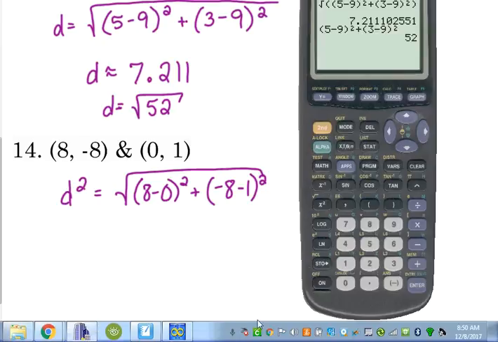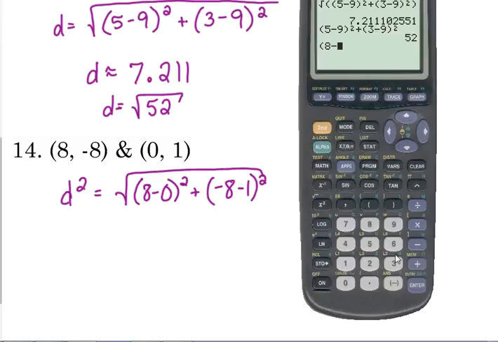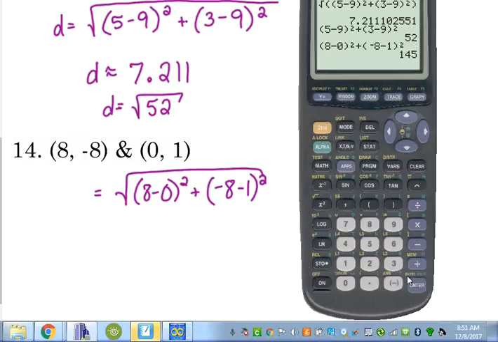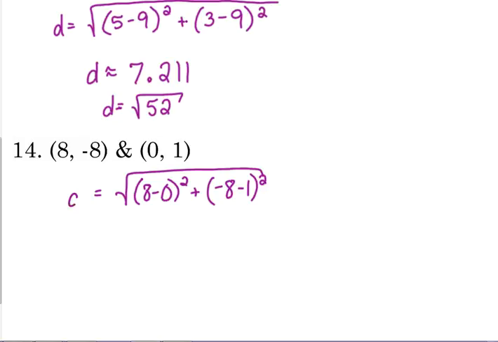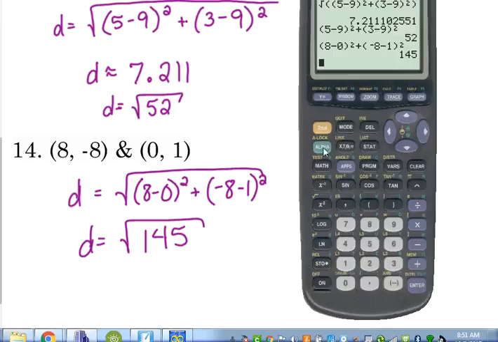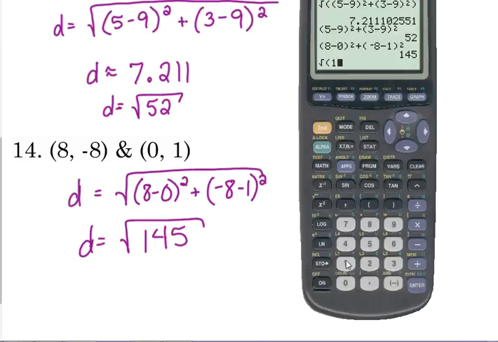So I'm going to start by not putting it under the square root first. 8 minus 0, you've got to put the parentheses, squared, plus negative 8 minus 1, parentheses, squared. So that's equal to, I don't know why I wrote d squared. That's just d. I'm sorry.